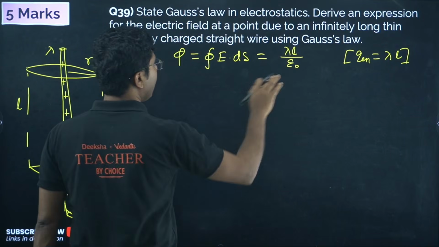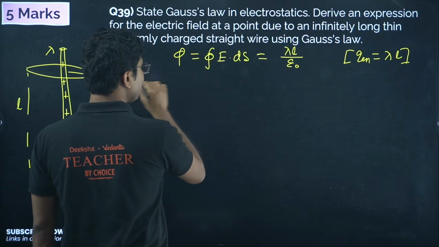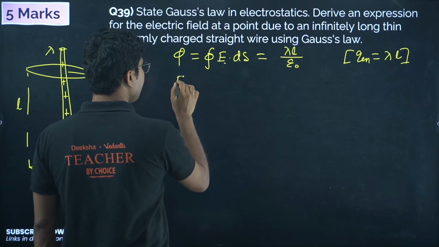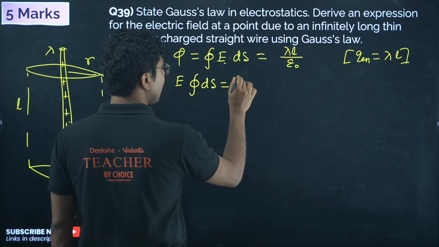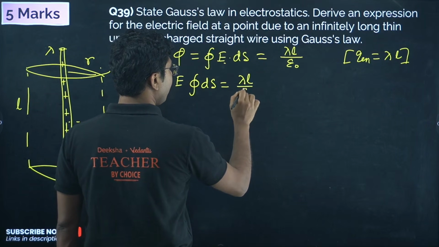Now you have to write that due to symmetry the electric field is constant, so it comes out: E into ds equals lambda L by epsilon naught.